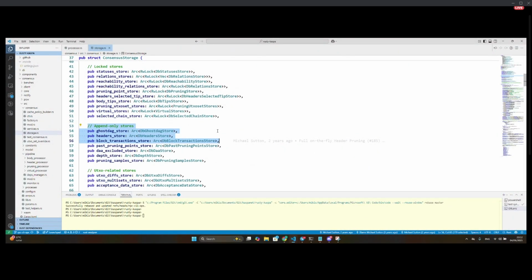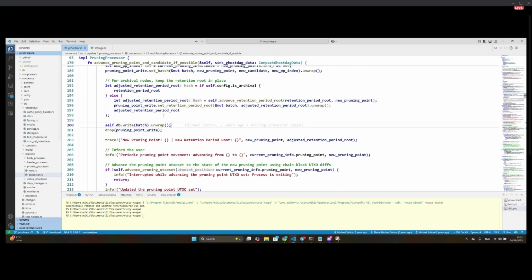If they looked at the block status and it indicated that the block should have transactions, they can go and access the block transactions store without worrying that it might be deleted in between, because they are acquiring the read side of the global lock.